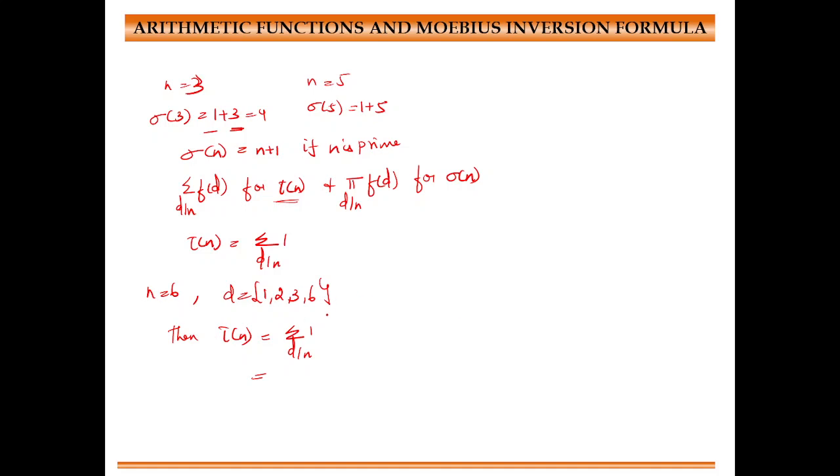So likewise, summation of 1 over d divides n will be 1 plus 1 plus 1 plus 1, if there exists a divisor of 6, which is equal to 4.